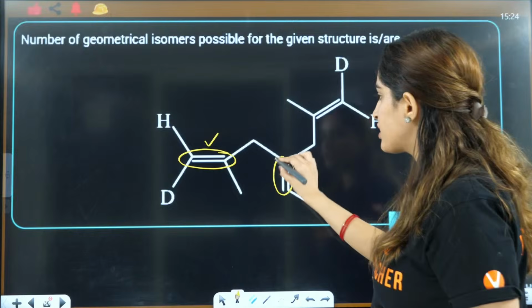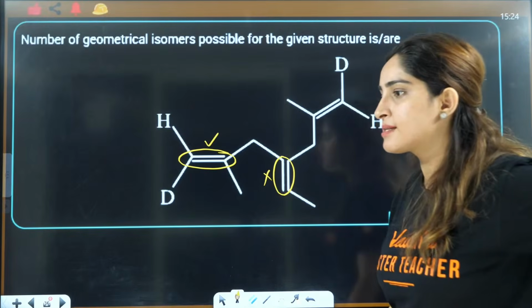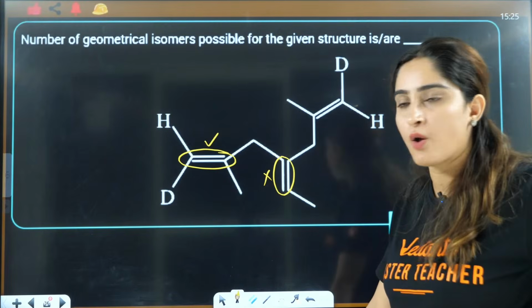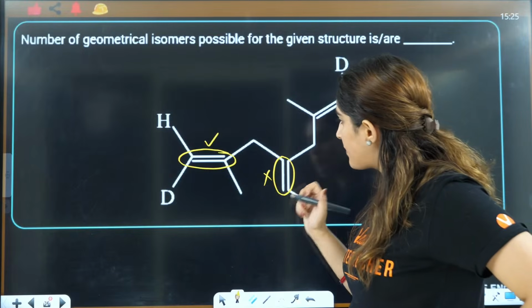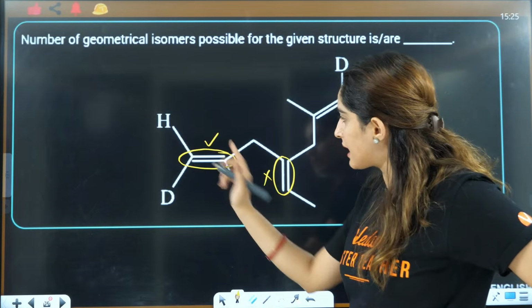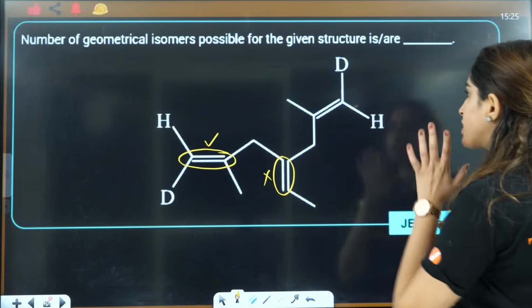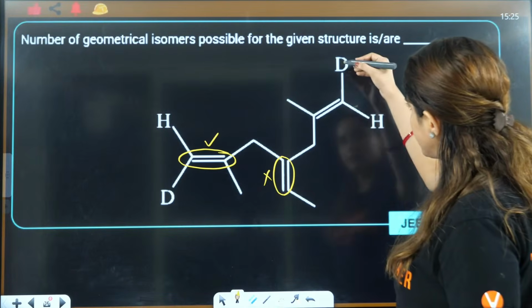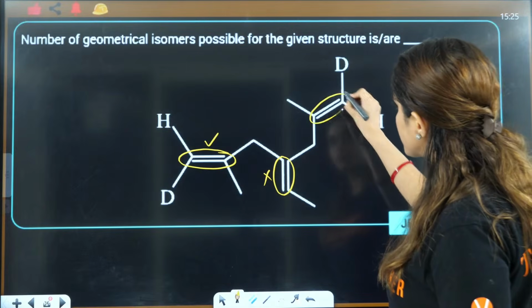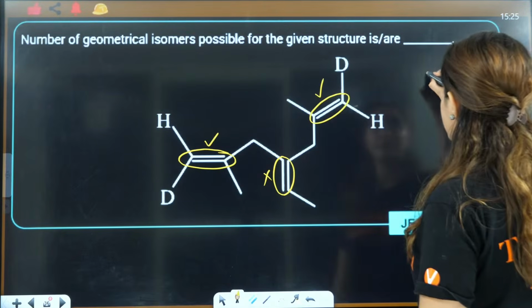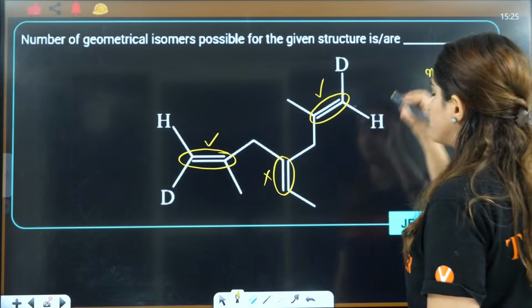This is not a GI site. Why? Because this double bond is connected to the same thing here, it is connected to the same thing here, so this is not a GI site. What about this one? These two are different, so this is also a GI site. So the number of GI sites is 2.